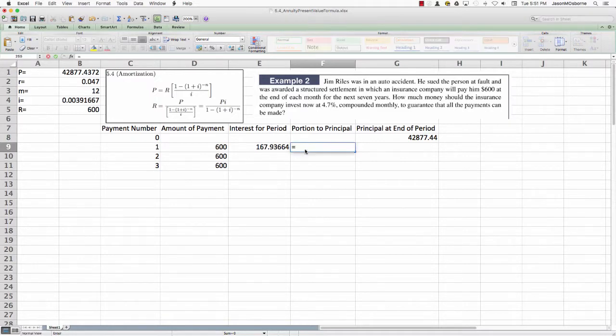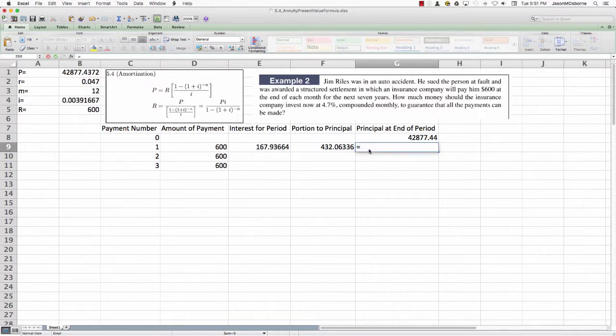And therefore, the amount of money that they need to come up with out of cash from some other location is the $600 minus the amount that they got for free. So they're needing to come up with the $432, and $167 of the rest of the $600 came from interest on this account that they've set up.